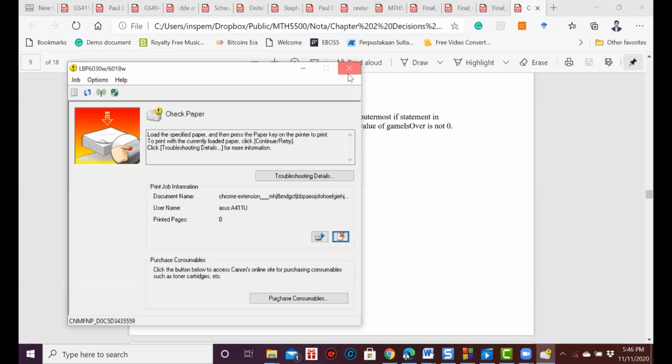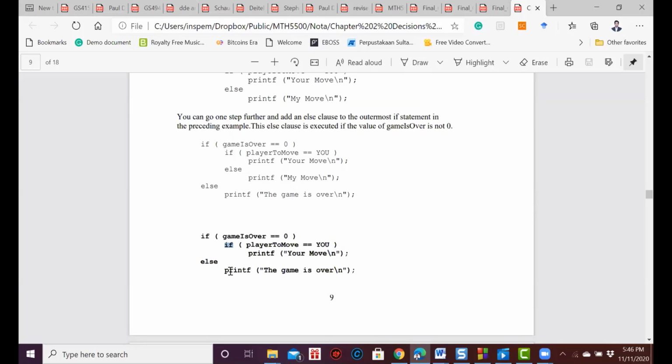Even though this else has the same indentation as the first if, in C the logic is not as we look at the structure of the coding like this.